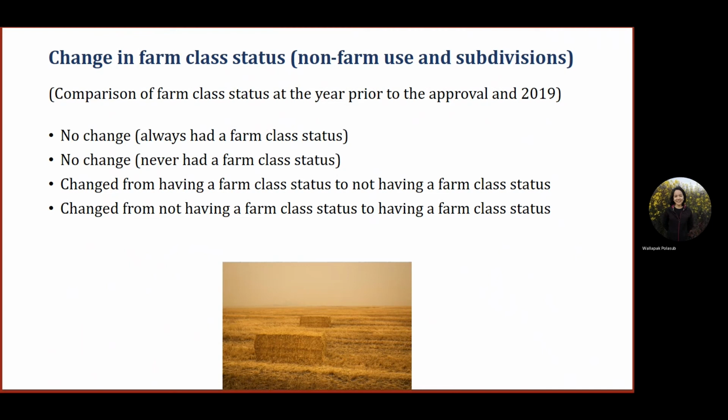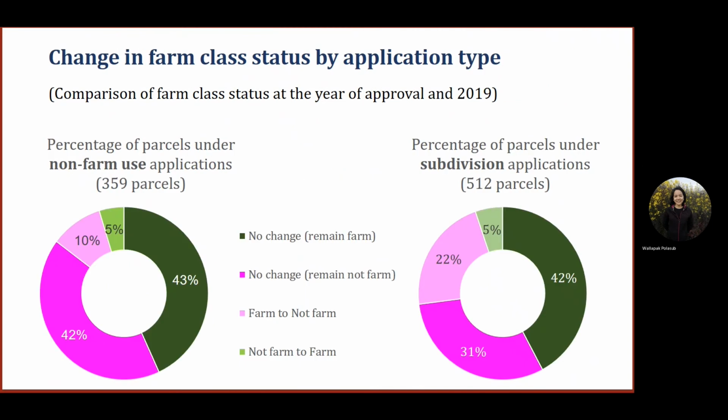The second category is no change, never had a farm class status, meaning that prior to the application that parcel didn't have a farm class status, and in 2019 it still doesn't. The next category is a change from having a farm class status to not having a farm class status. And finally, the fourth category is a change from not having a farm class status to having a farm class status.